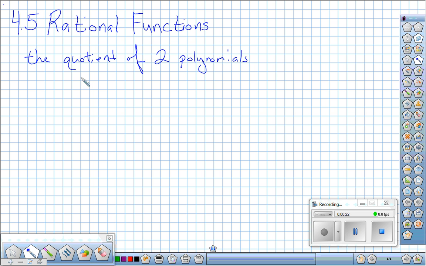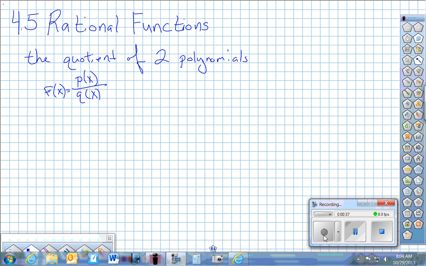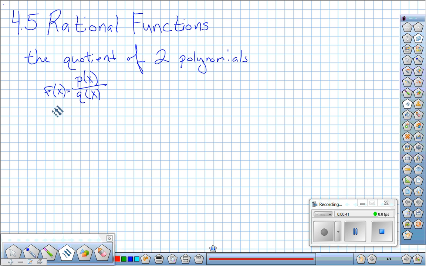So if I had two polynomials that I gave you, that might be p of x and q of x, it would look like p over q of x, or it could be the other way around, and that would be what my new function would be. Okay, and we'll just look at some examples of different types of graphs of different rational functions.